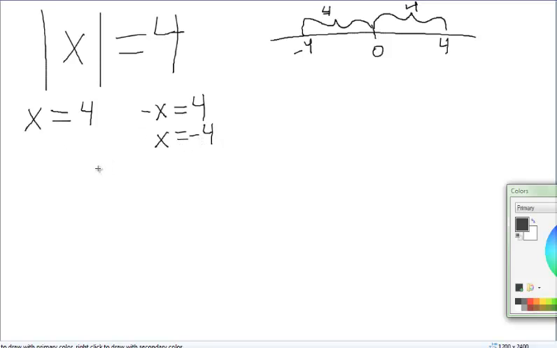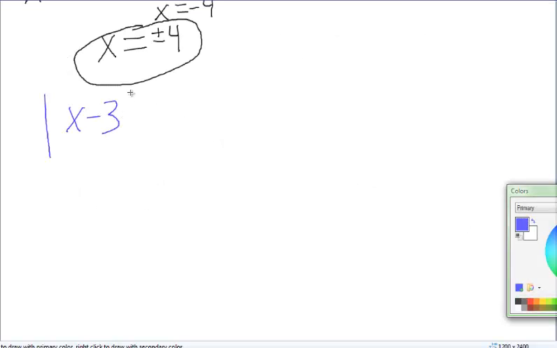Now you notice in this case, we could actually write it x equals plus or minus 4. This is rare. Most absolute value problems are not simply plus or minus a number. For example, let's say we wanted to try x minus 3. The absolute value of x minus 3 is equal to 4. Same idea.